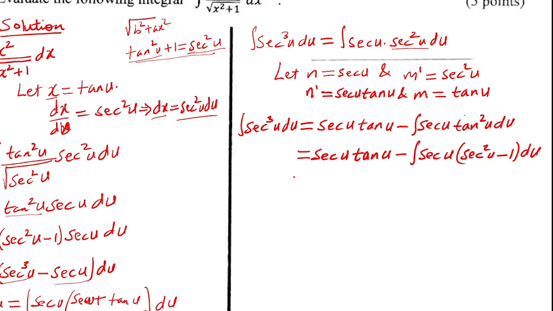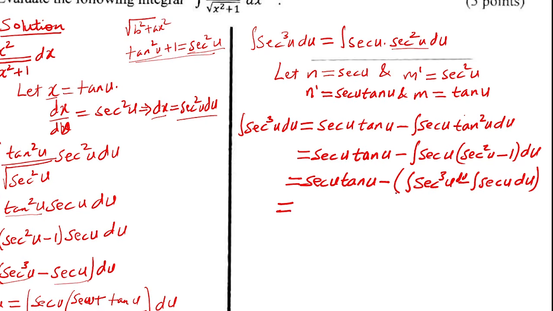Now distribute sec u, and distribute the minus sign. This means the integral of sec u times sec square u, sec cubed u, minus sec u times 1. That's the integral of sec u du. Here also du. Look, this minus the integral of sec cubed u du is on the left. So add this to both sides.